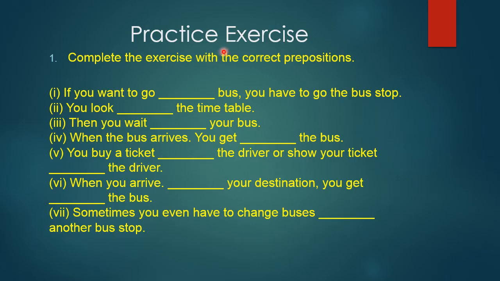Okay, so I have given a practice exercise for you all and please write down the answers. We'll discuss them in the online class. Complete the exercise with the correct prepositions. If you want to go dash bus, you have to go the bus stop. Next sentence, you look dash the timetable. Then you wait dash your bus. Fourth one, when the bus arrives, you get dash the bus.